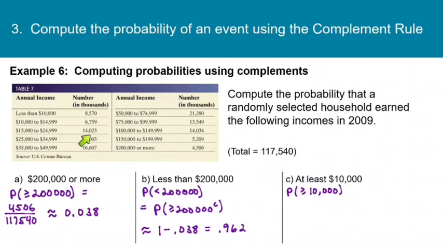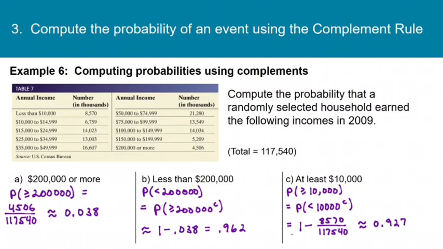Instead of adding all of these numbers together, we say the probability that somebody made at least $10,000 is the complement of the probability that they made less than $10,000, so 1 minus the probability that they made less than $10,000, which is 8570 over 117,540, equals approximately 0.927.